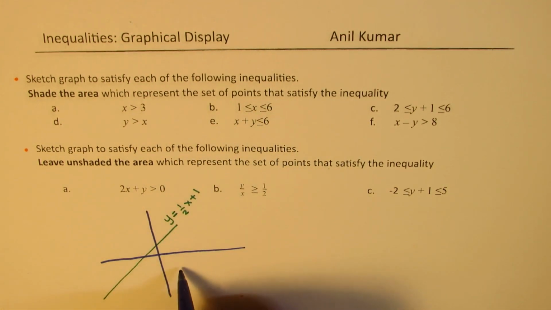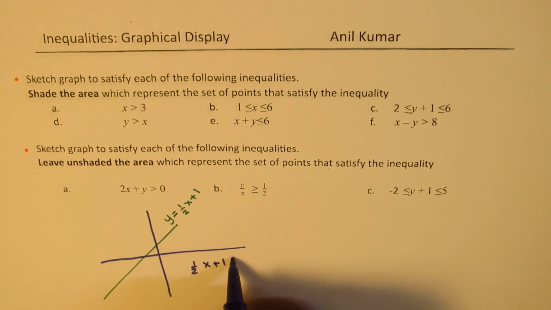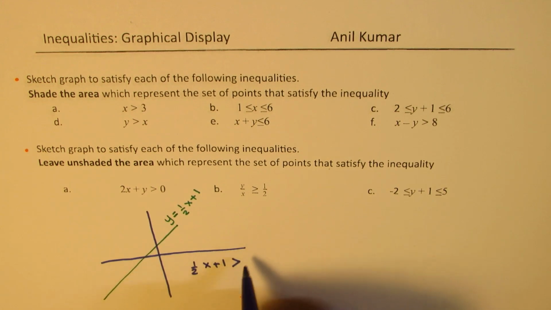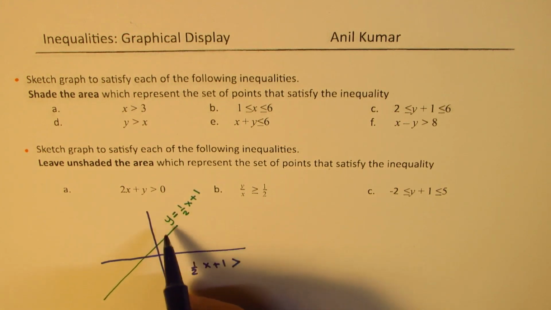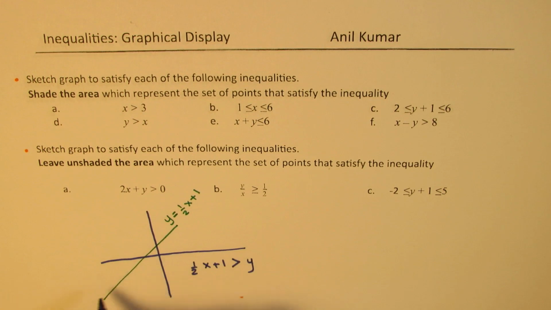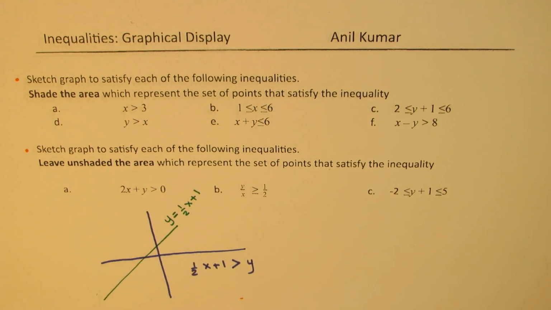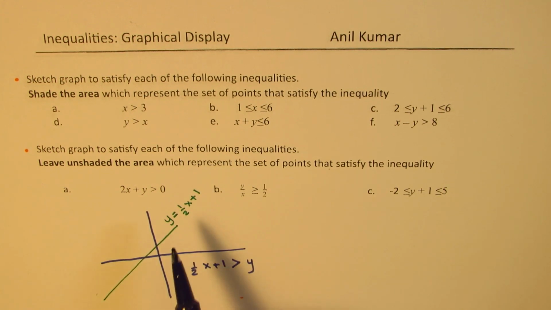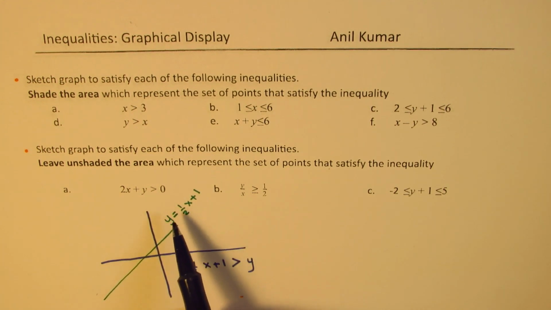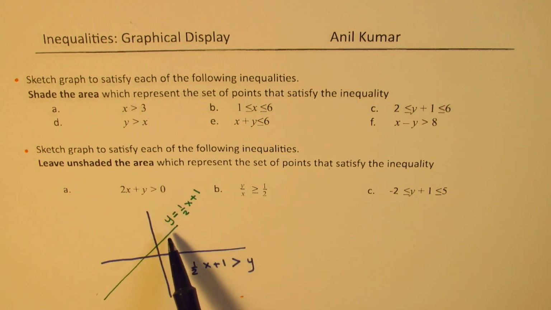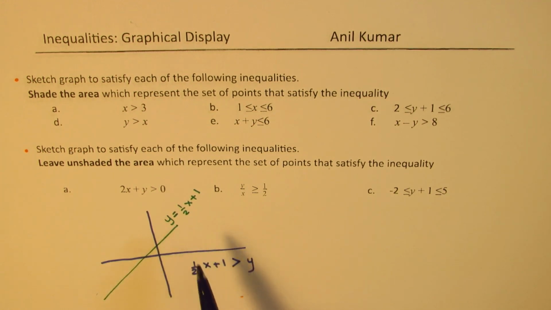So if I say that half of x plus 1 is greater than y, where this is the line, right? Now in that case, what are we looking into? We are looking into the area because this line represents that it is all equal. And here we want that y is less than the given value, correct?